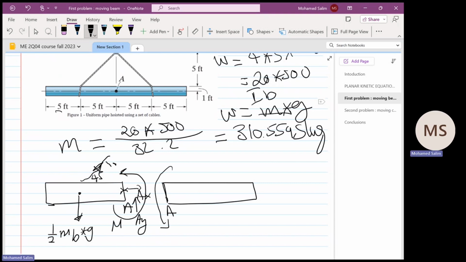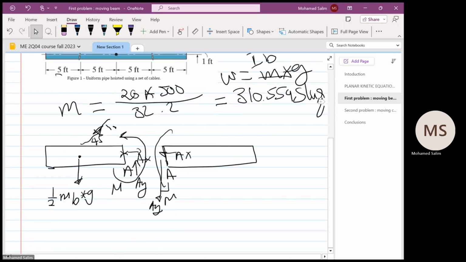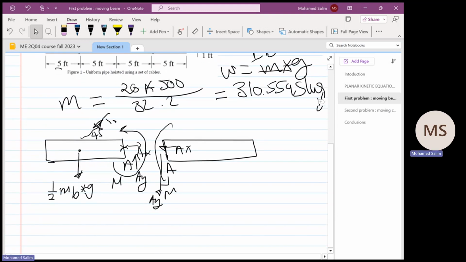And the same for the other part. So what I drew now is called what? Free body diagram. Once you do your problem with external forces and moments, that is what a free body diagram is.